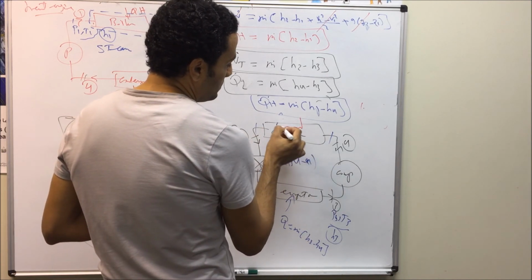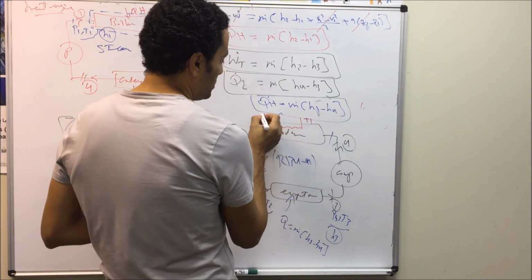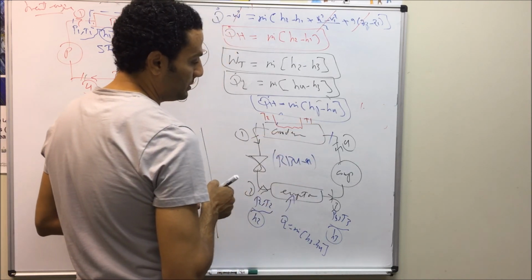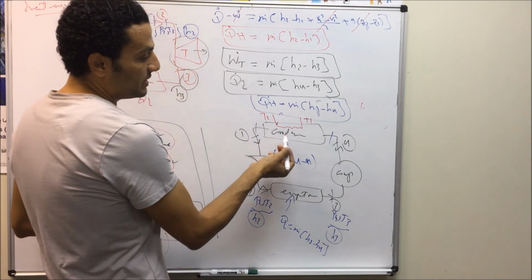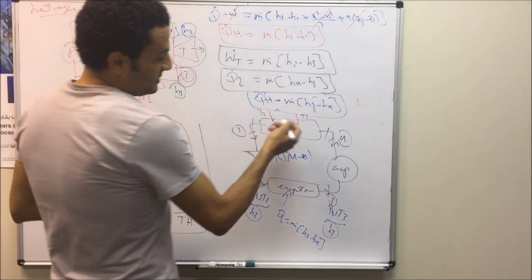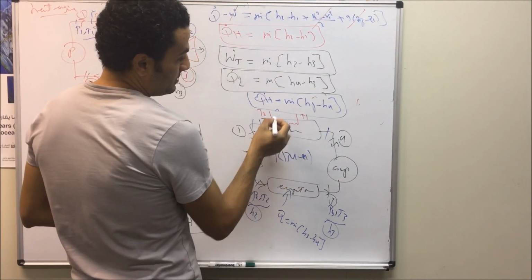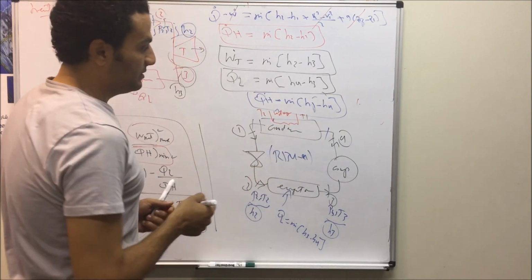Let's say it is cooled using water or something. So water is coming at temperature T1 and leaving at temperature T2, and we do have the mass flow rate of this water. So the heat rejected from this condenser is absorbed by this cooling water, coming at T1 and leaving at T2.